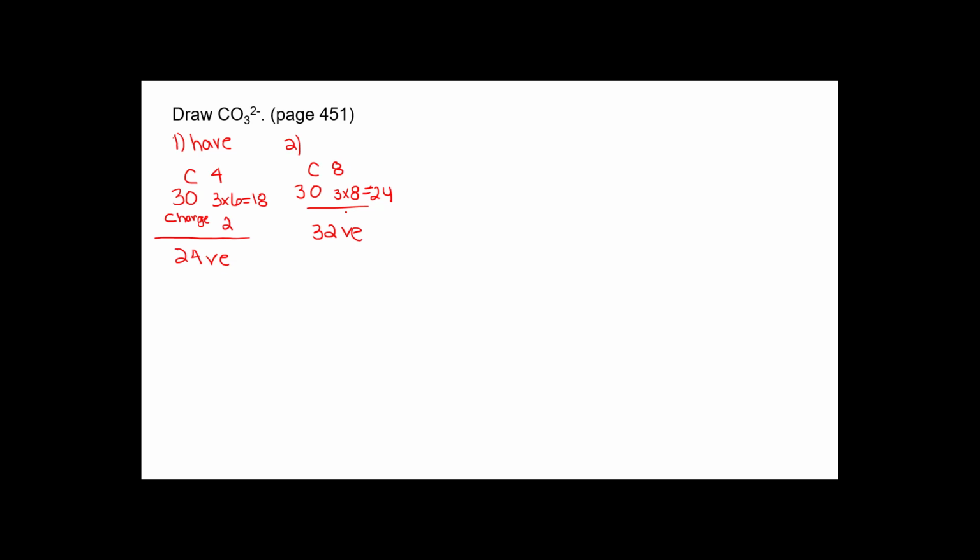Again, there's a discrepancy. It's not going to match together. We're going to have to share some electrons. So 32 minus 24 is 8 valence electrons. It seems to be a popular number. And number 4 is divide by 2.